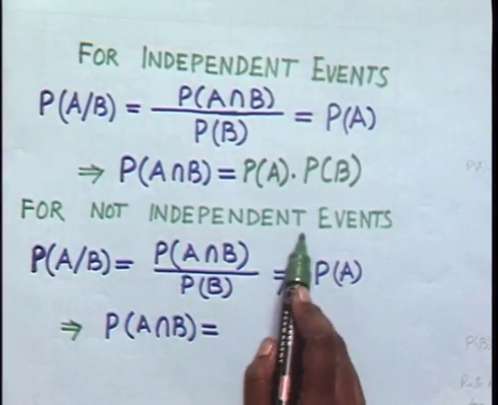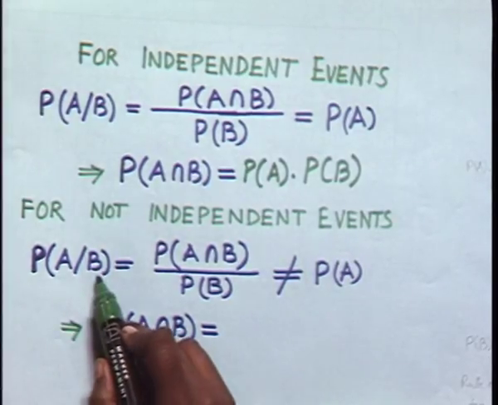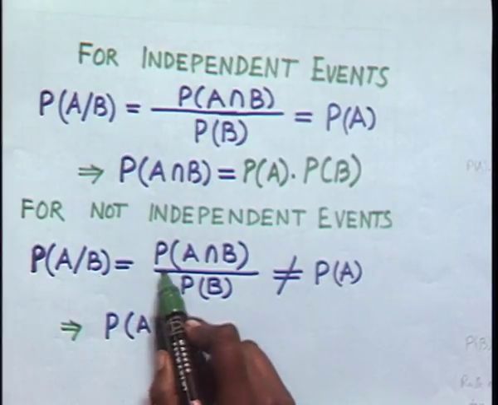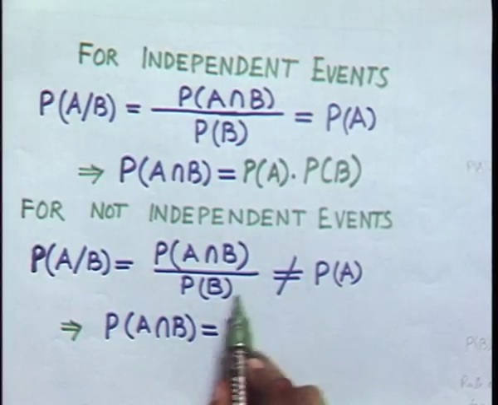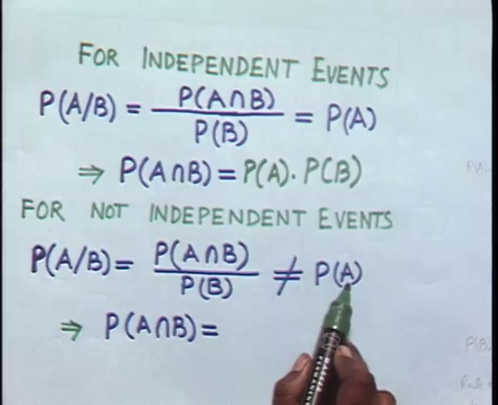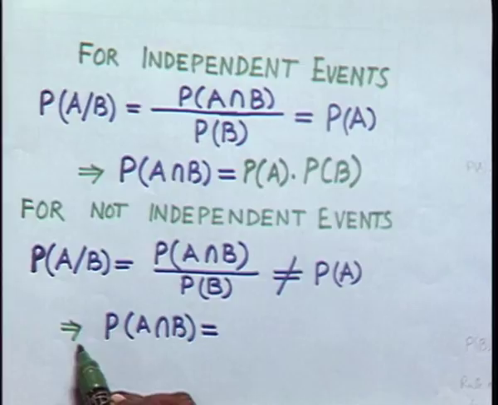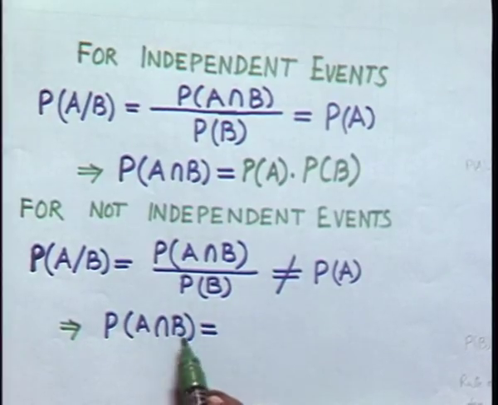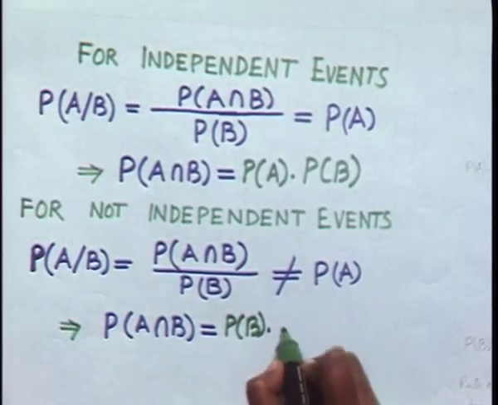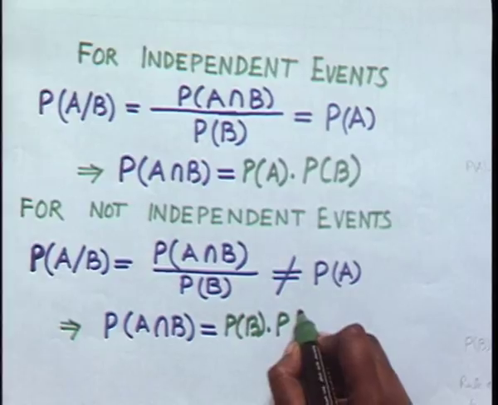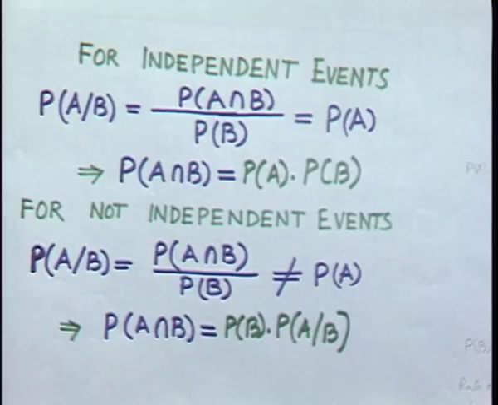But if the events are not independent, then probability of event A when event B has already occurred is equal to probability of event A and B upon probability of event B, but it is not equal to probability of event A. And therefore, in case of not independent events, probability of event A and B is equal to probability of event B multiplied by probability of event A when event B has already occurred.